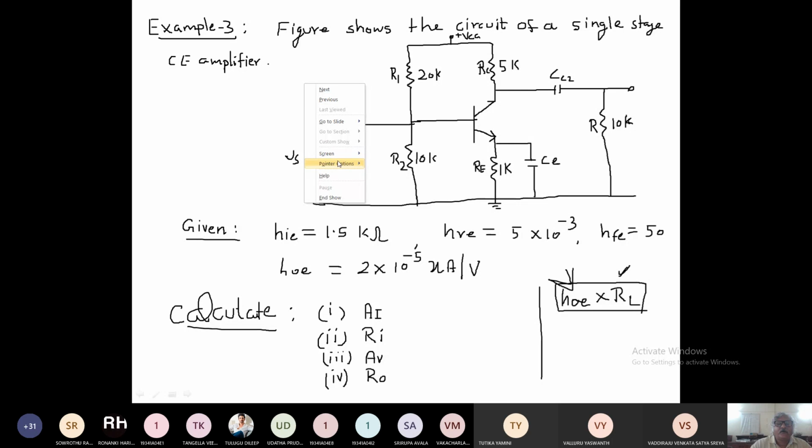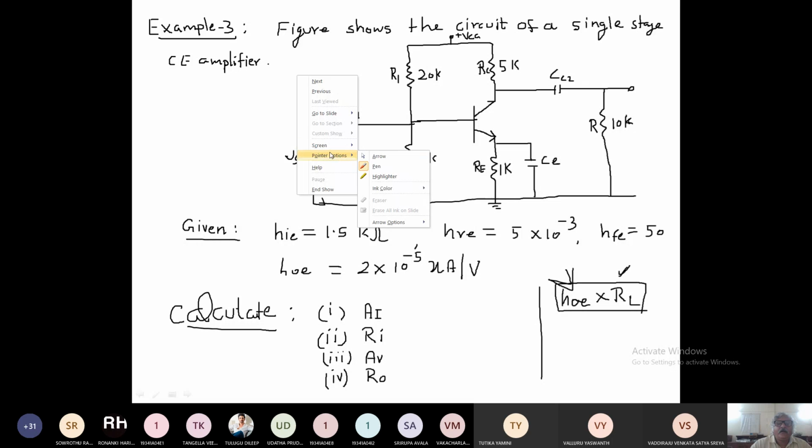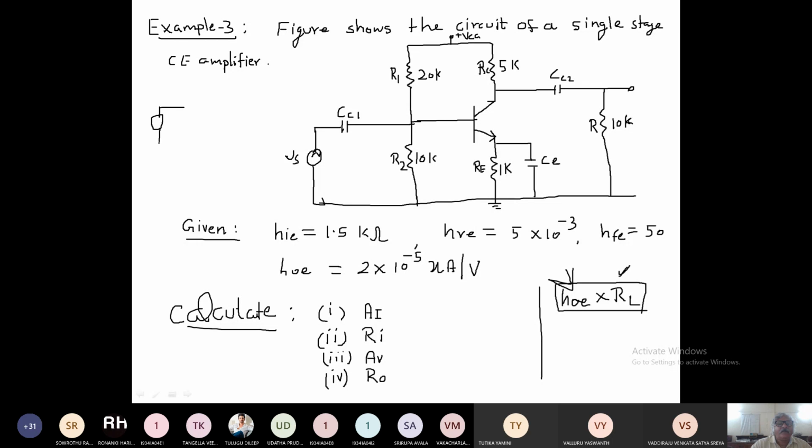Okay, so yes, in last class we were discussing this numerical, and in this numerical, this is a single stage common emitter amplifier, right? Single stage means, suppose you are amplifying some signal. It is not possible to amplify the signal by a single transistor.